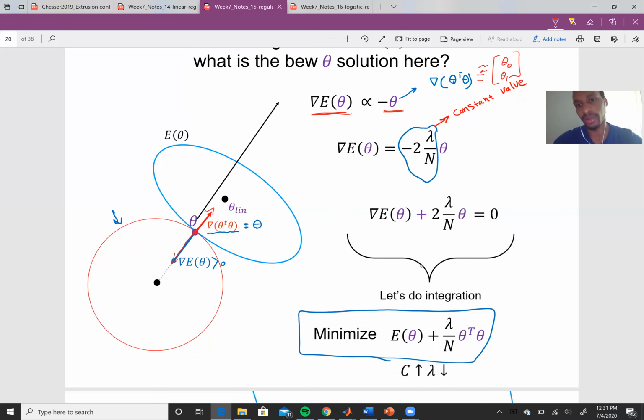And so there's some magic here, right? We get to choose this proportionality constant, so let's choose it to be 2 lambda over n. Lambda we get to play around with to make sure it matches. 2 we can just choose, and n we can choose as part of that proportionality constant, as long as we can play around with lambda.